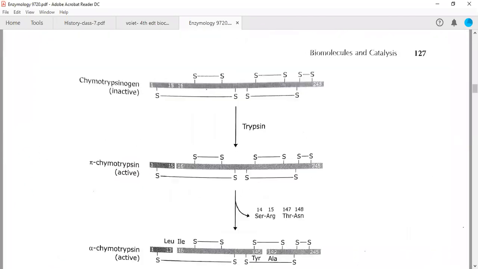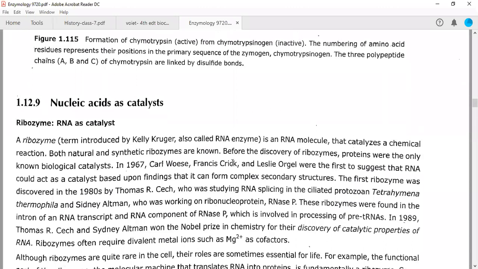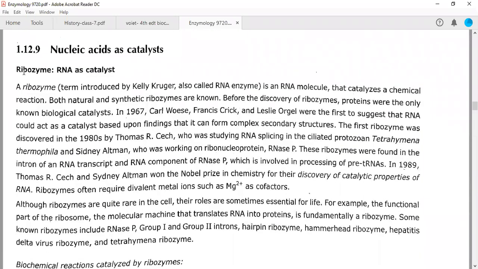Okay, now we have discussed zymogens. We were discussing ribozymes. If the RNA is acting like an enzyme or a catalyst, then these are called ribozymes. The term was first introduced by Kelly Kruger, who called them RNA enzymes, not ribozymes. Ribozyme came later, but it was first introduced by Kelly Kruger as an RNA molecule that is able to catalyze a chemical reaction.